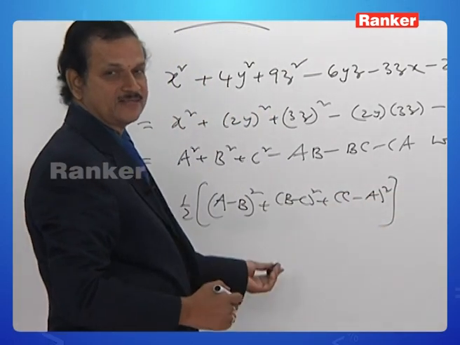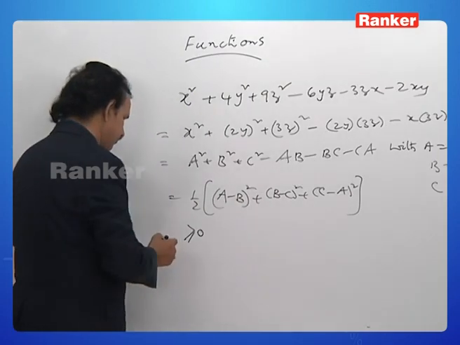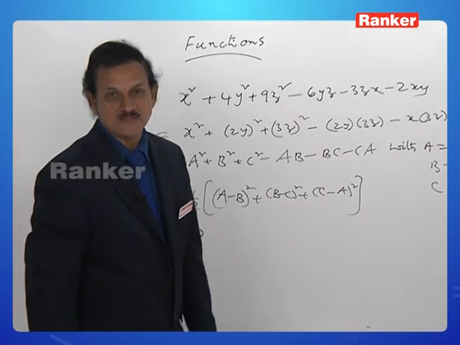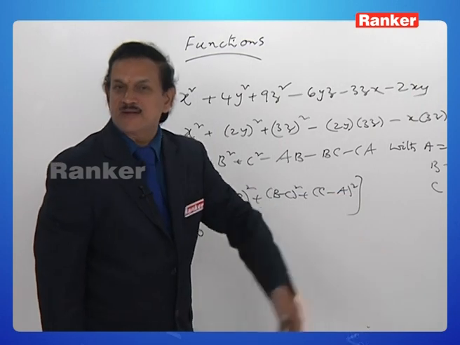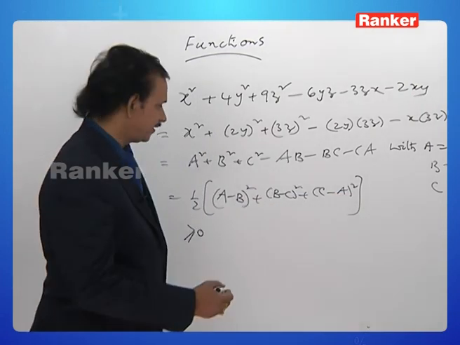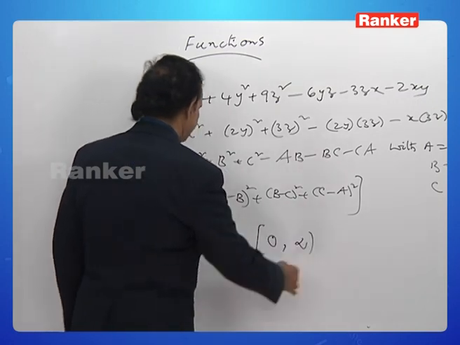One of the standard identities we have. This is definitely greater than or equal to 0. Why? Because it is a sum of 3 perfect squares. None can be negative. Therefore, it is always greater than or equal to 0. Hence, the range of this function is the closed interval 0 to infinity.